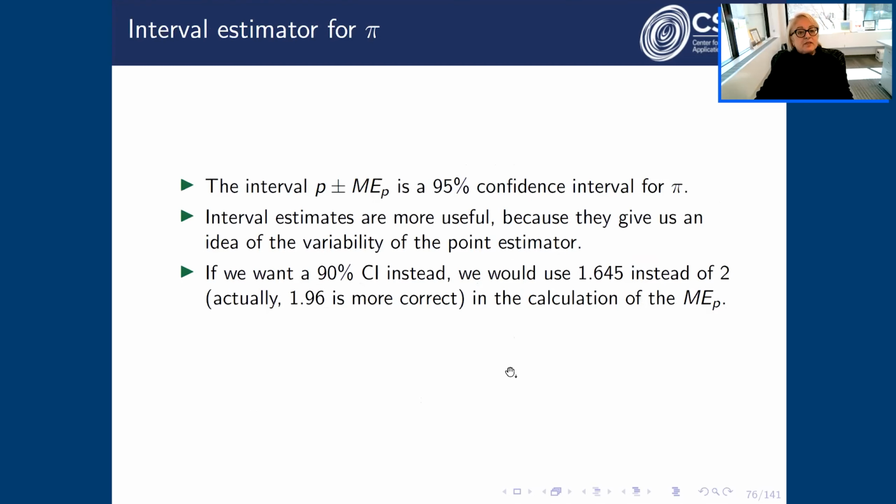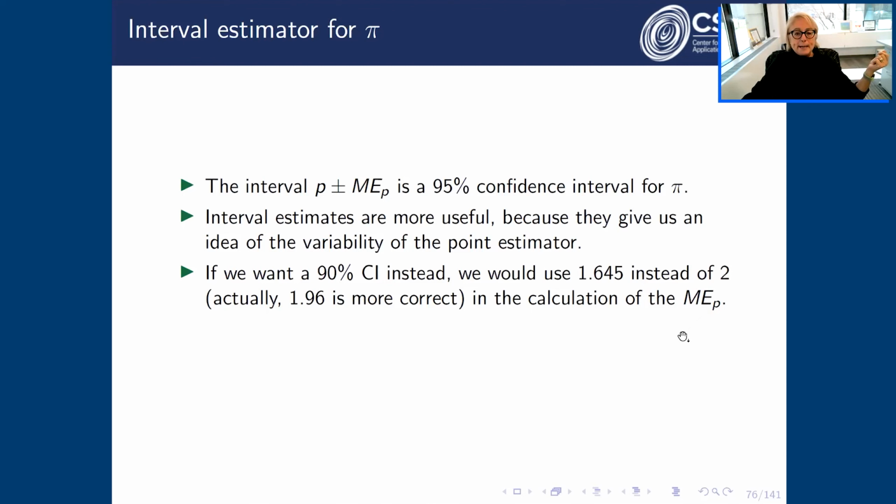Okay. So the interval estimator then for the population proportion pi is just p plus or minus the margin of error. And again, if I compute the margin of error using 2, then I get a 95% confidence interval. If I use 1.645 instead of 2, then I get a 90% confidence interval.